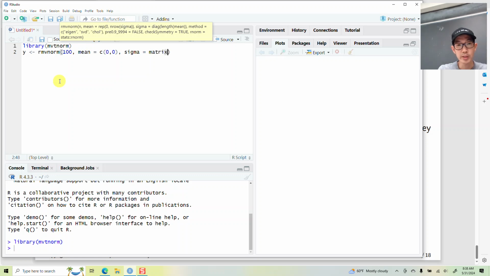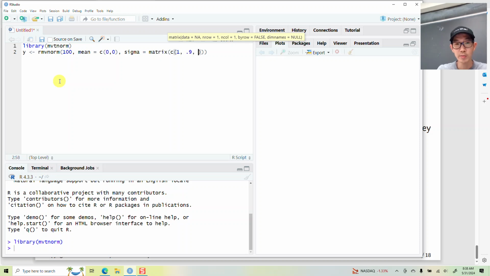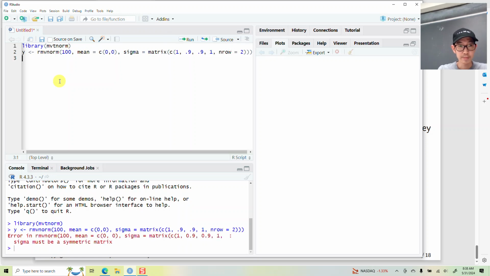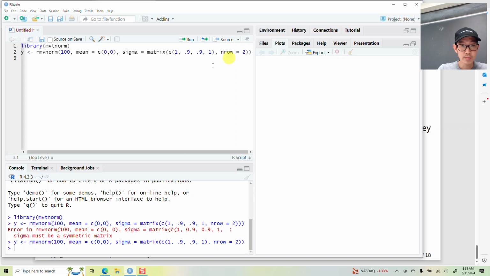So I'm going to make a matrix of 1, 0.9, 0.9, 1, and rho equals 2. So let me plot y.